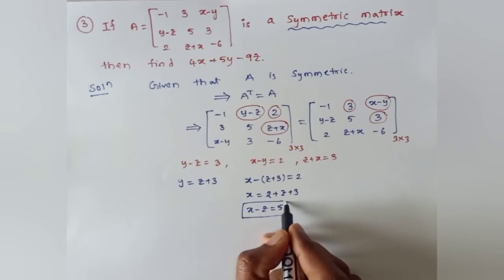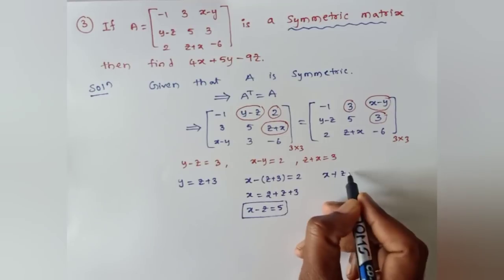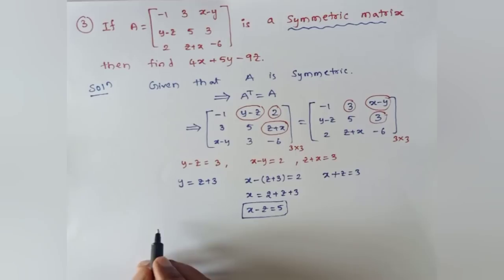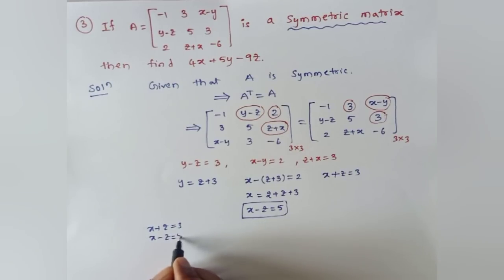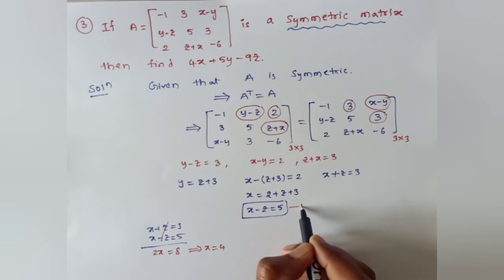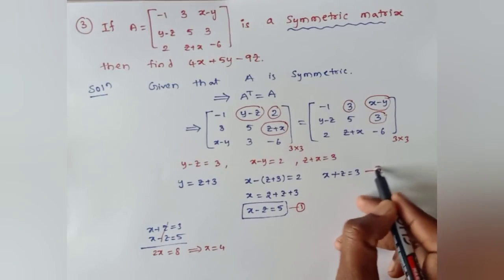This is one equation, and here x plus z equals 3. Now solve these two equations. x plus z is 3 and x minus z is 5. Minus z and plus z cancel, then 2x equals 8. Therefore the value of x is 4.